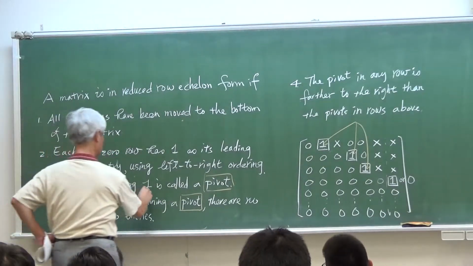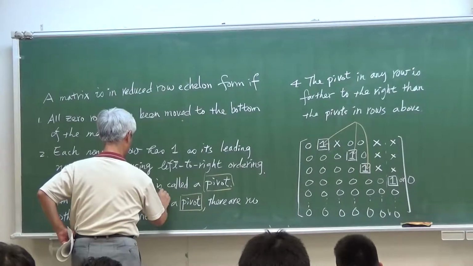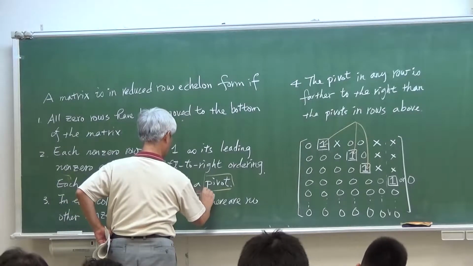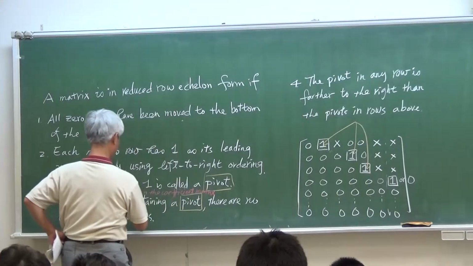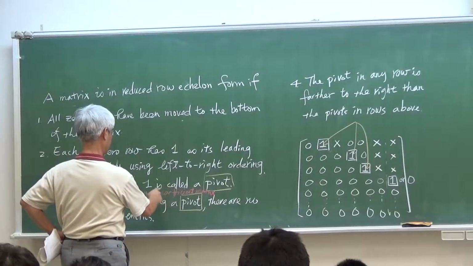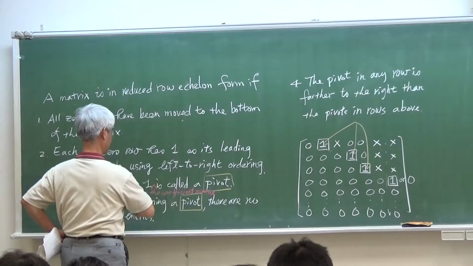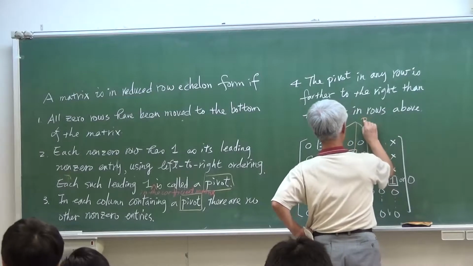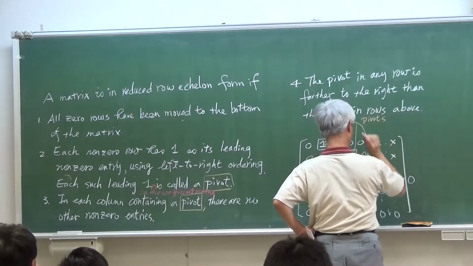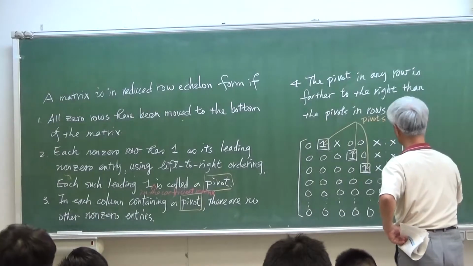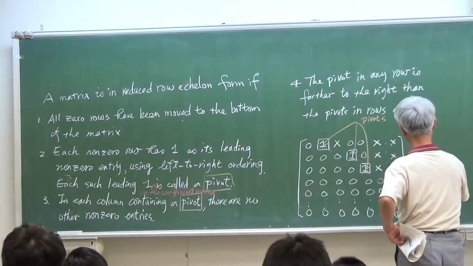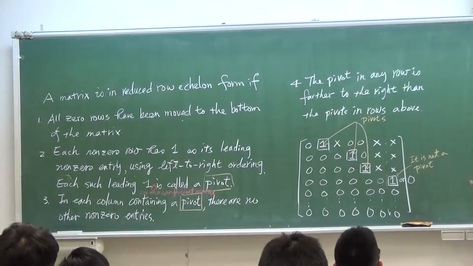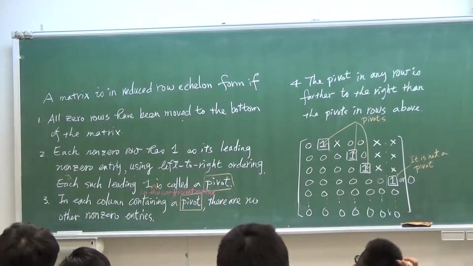Each such leading one in the coefficient matrix is called a pivot. So they are pivots, but this one is not a pivot, for some historical reason.